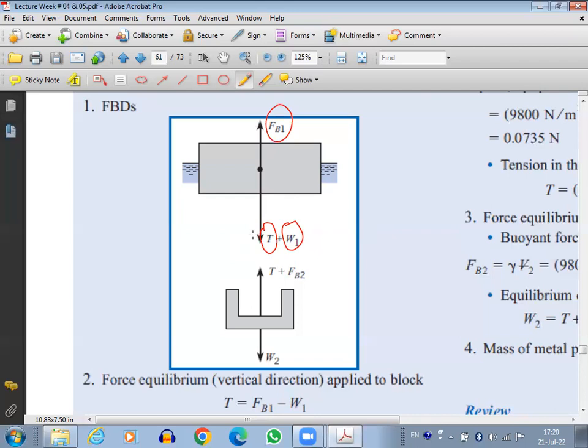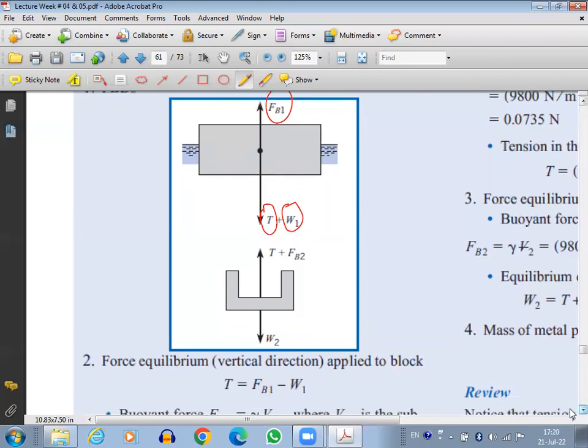So we have a situation that FB1 will be equal to T plus W1. When it is in equilibrium, that means all the forces are cancelling each other. So we have this equation. Is this equation clear? T equals FB1 minus W1, or you can say FB1 equals T plus W1.